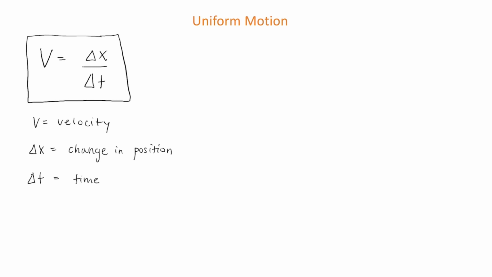Now, even though this is the only equation you'll need, let's make a quick substitution so I can show you a different variation of this equation. We know that delta x is equal to the final position minus the initial position. So that means we can substitute delta x for xf minus xi.